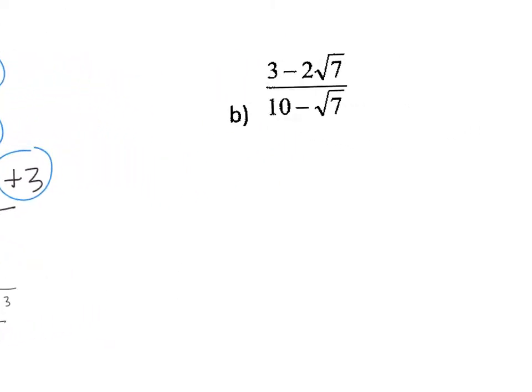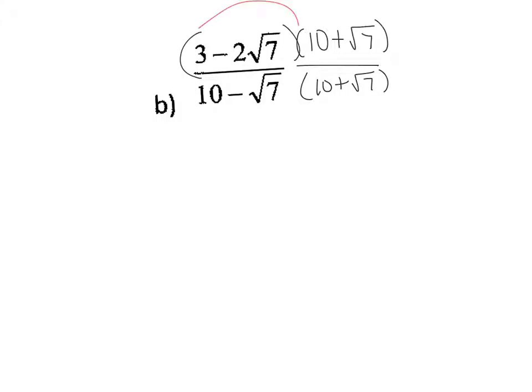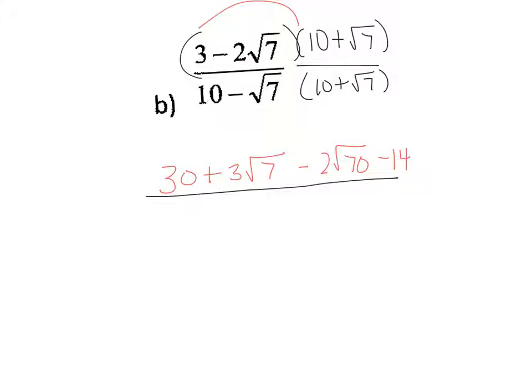And then over here, you're going to multiply by the conjugate of 10 minus root 7, which is 10 plus root 7. And I'm going to FOIL the top, so it's going to be 30 plus 3 root 7 minus 2 root 70, minus 2 times 7, so minus 14, all over, and these are conjugates on the bottom, so it's just going to be a times a, which is 100, minus 7.